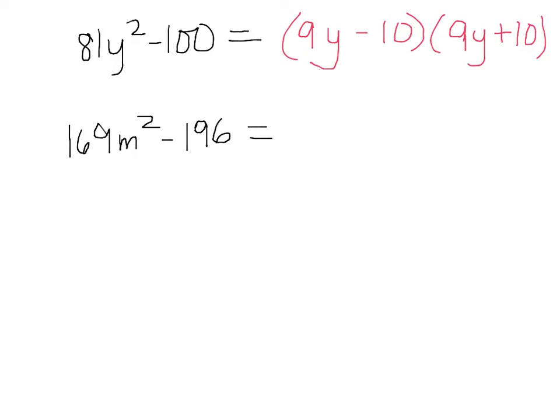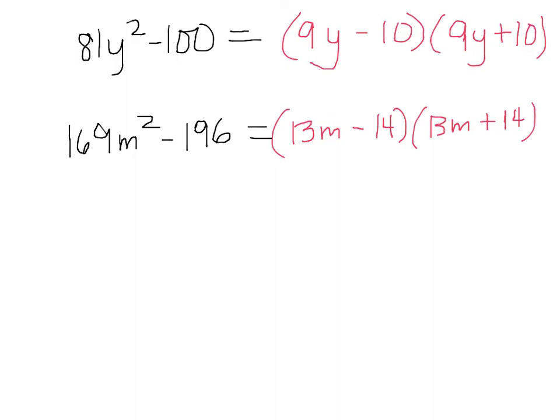I know the square root of 196 is 14. So here, I know it's going to be 13m minus 14 and 13m plus 14. So hopefully you're taking a look and seeing what patterns there are for difference of squares. Make sure you are able to factor.